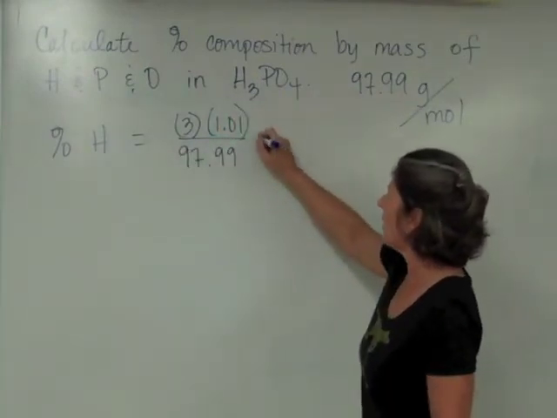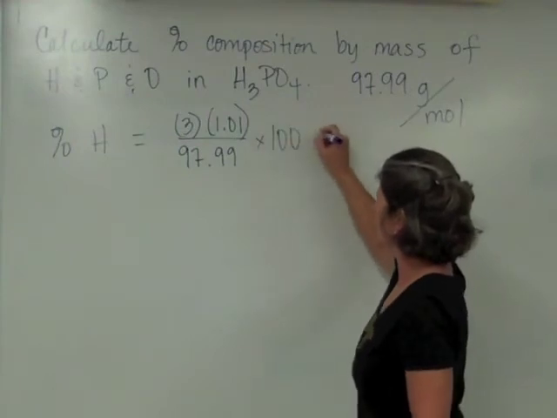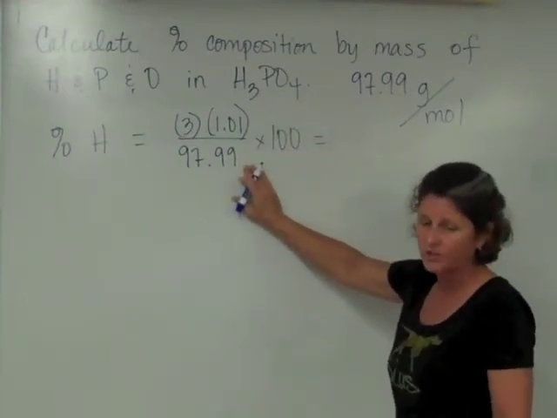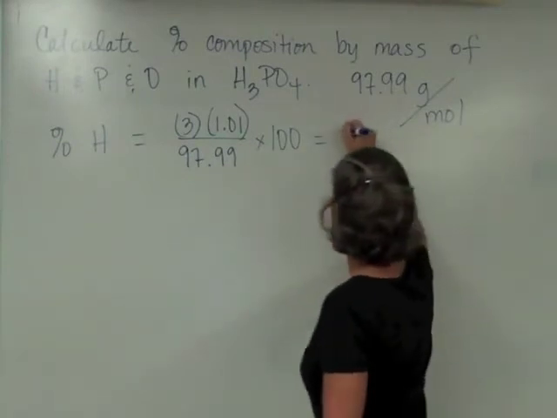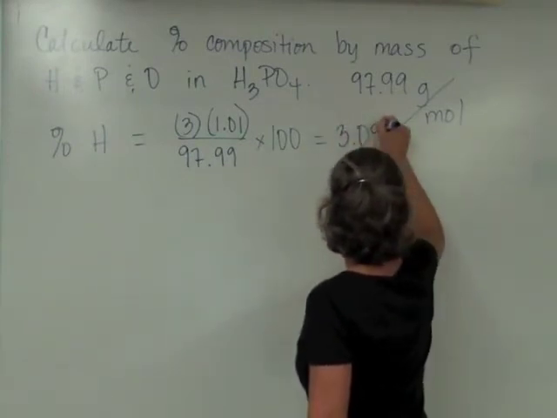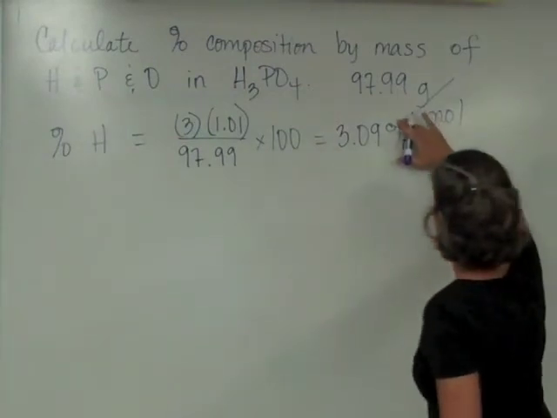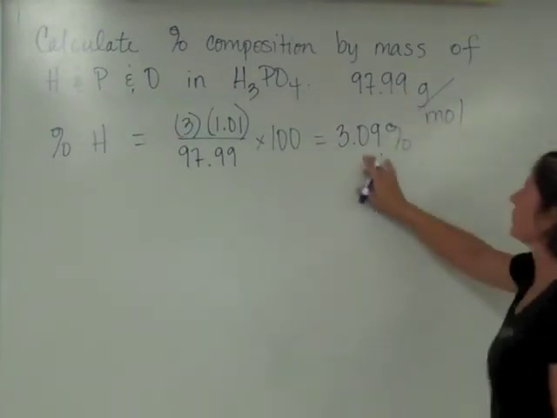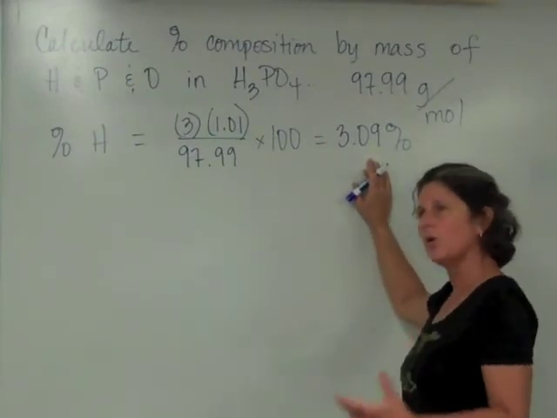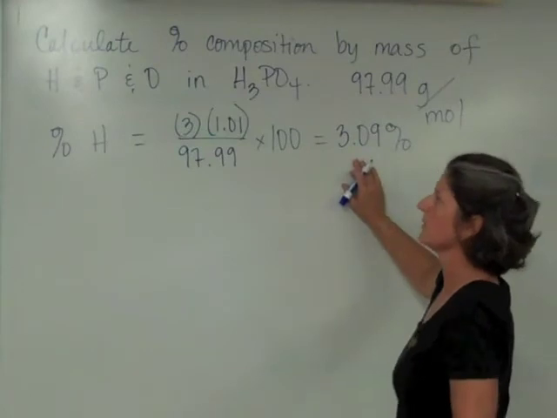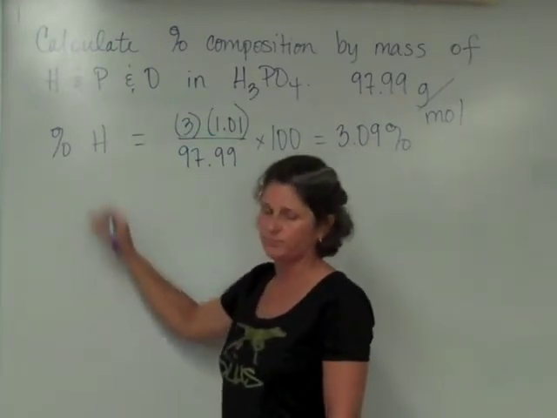Okay, so of this whole, hydrogen makes up 3.09%. So 3.09% of the total mass of phosphoric acid is coming from the hydrogen.